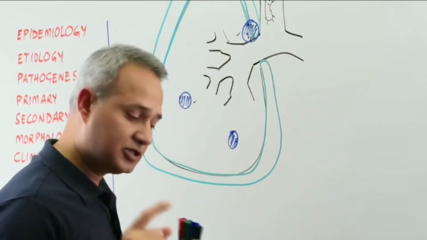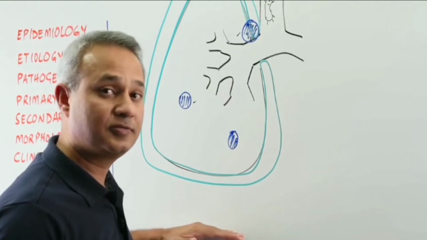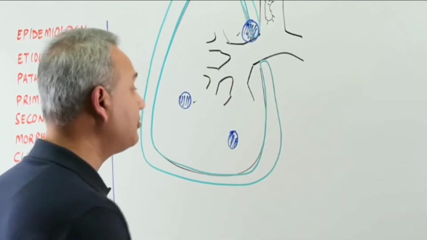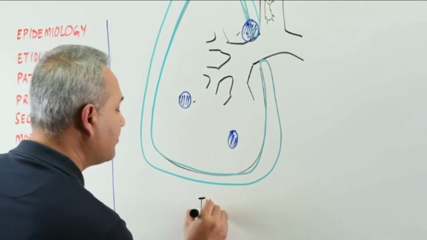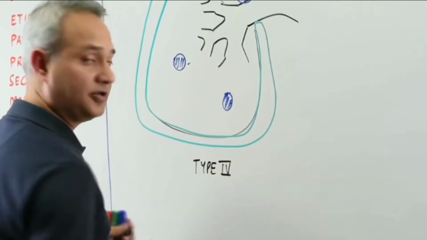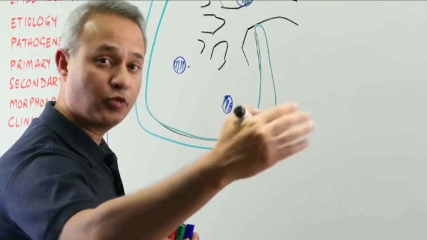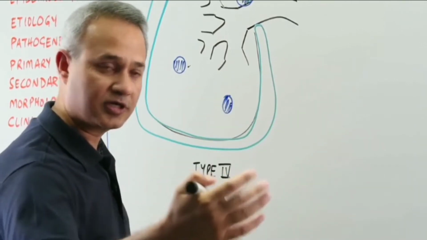Now this is the interesting thing. As soon as the patient becomes infected, remember, the patient's immune system now recognizes this pathogen. So a type 4 hypersensitivity reaction would occur immediately. Previously, in type 1, we saw that it goes on for weeks for the reaction to occur.